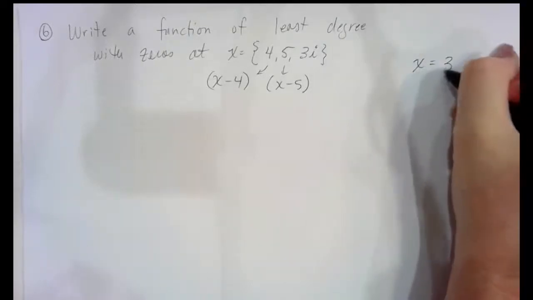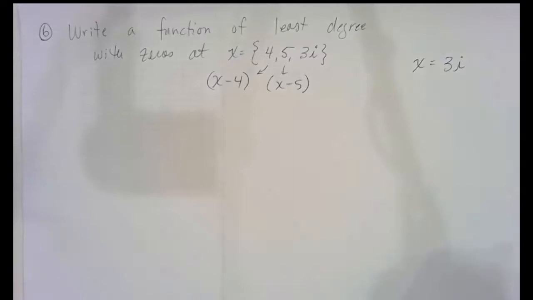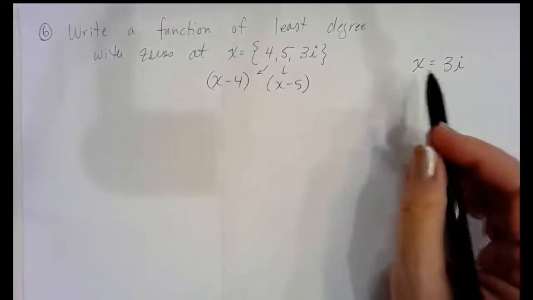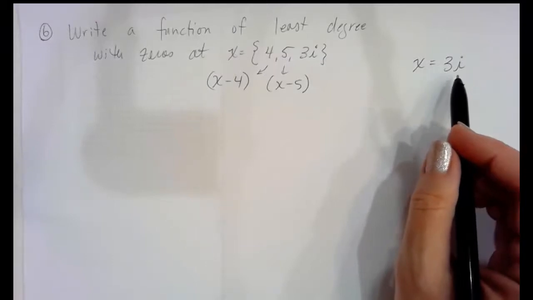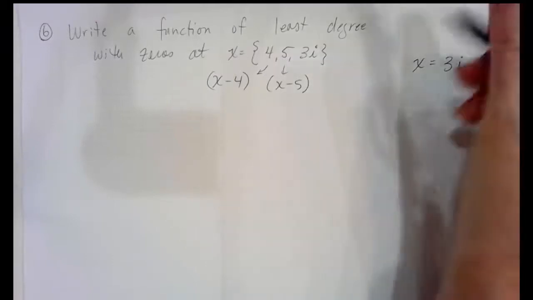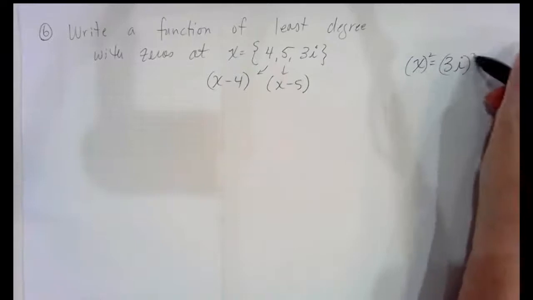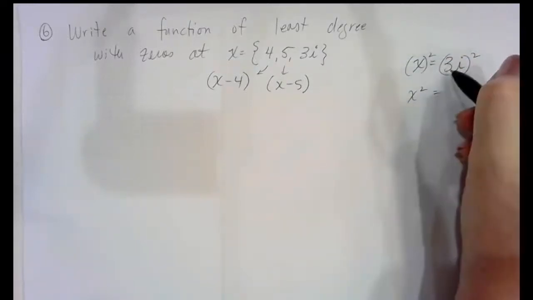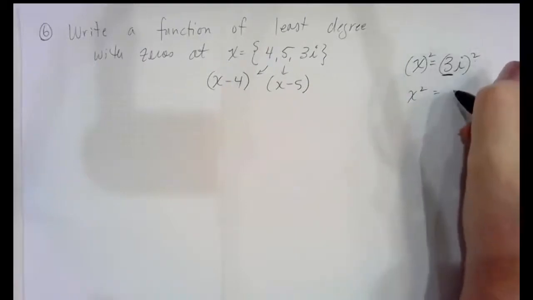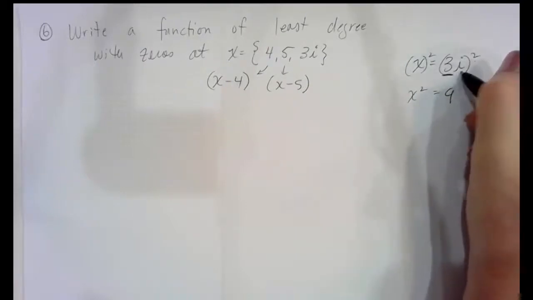Let's use inverse operations in order to go backwards here. So if we have x equals 3i, the best way for us to get rid of the i is to square both sides. So x squared equals 3 squared, which is 9, and then i squared.